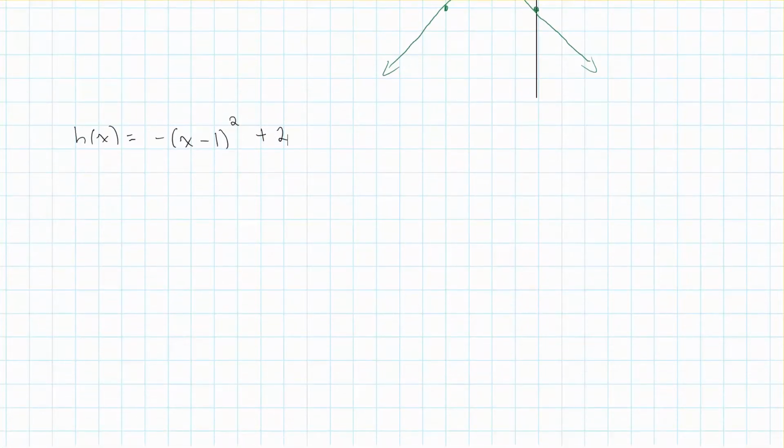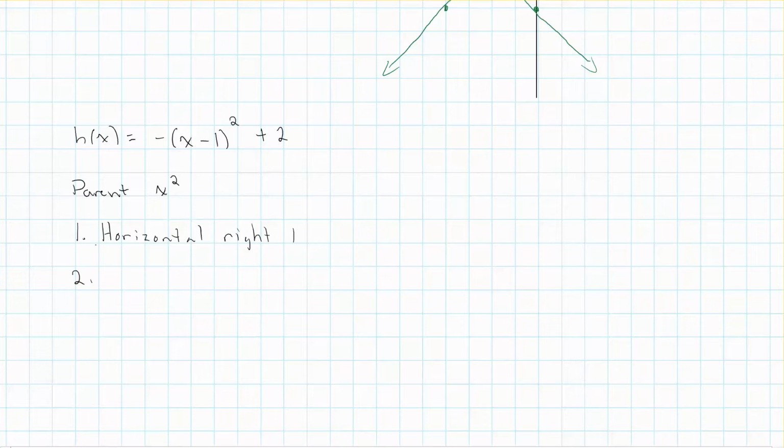Alright, so my parent function, of course, is just x squared. But then what do I have here? Well, let's look at the transformations I've got. Inside the parentheses, I've got horizontal, right 1.